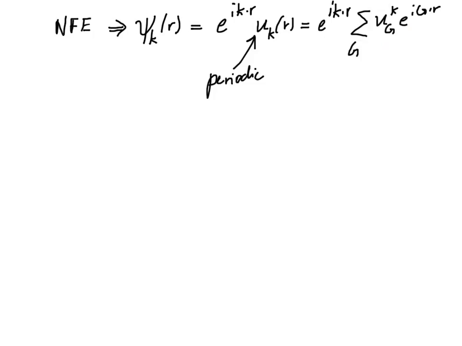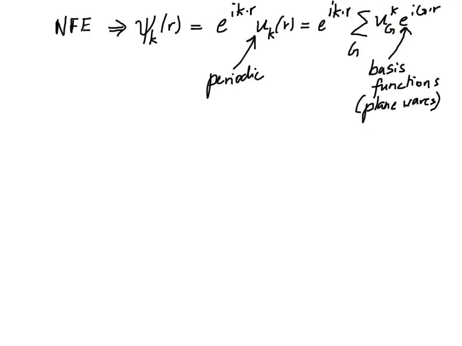And these quantities, e^(i G·r), are what we call our basis functions. They are plane waves, but in this particular case they are also our basis functions. And the point is that if the number of our basis functions is very large, meaning we have a lot of terms in this Fourier series, then we are essentially representing our wave function very accurately.